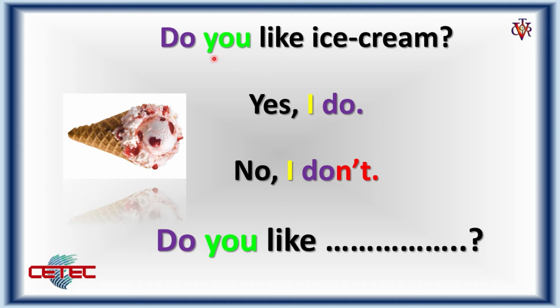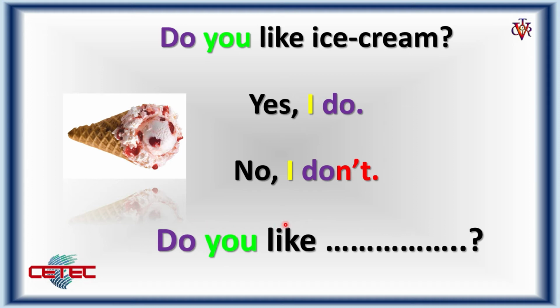Here, in that example, now you'll be able to see how you can create a sentence. Let's see. Do you like? Now, in this space, you can use any verb. Example, do you like to dance? Do you like fruit?